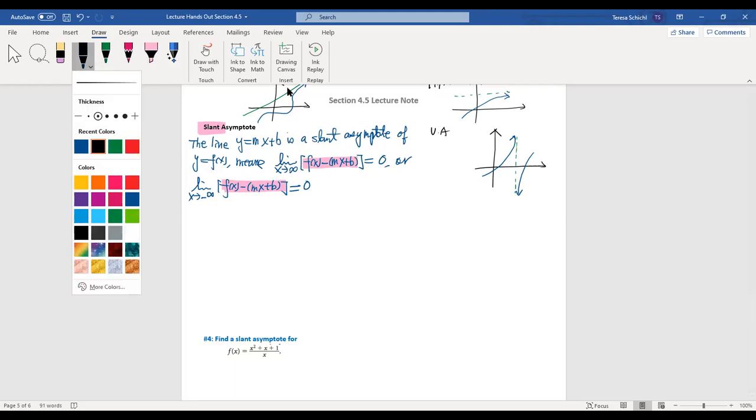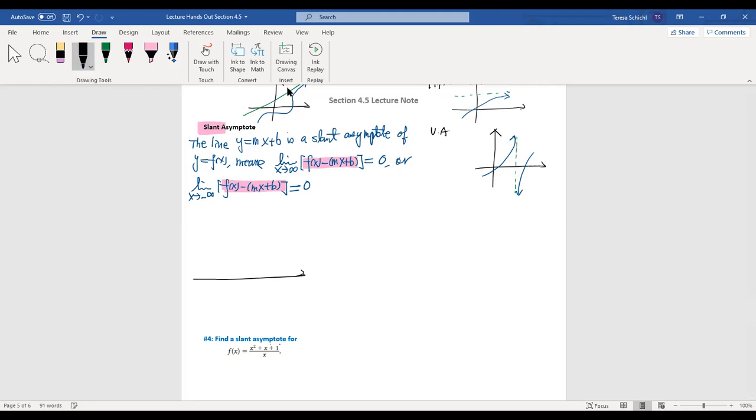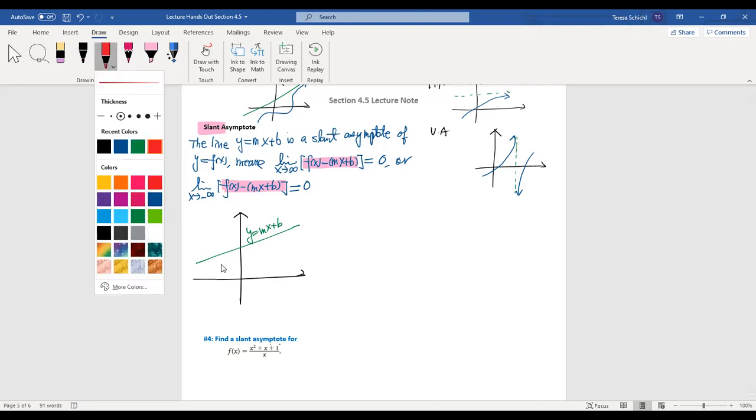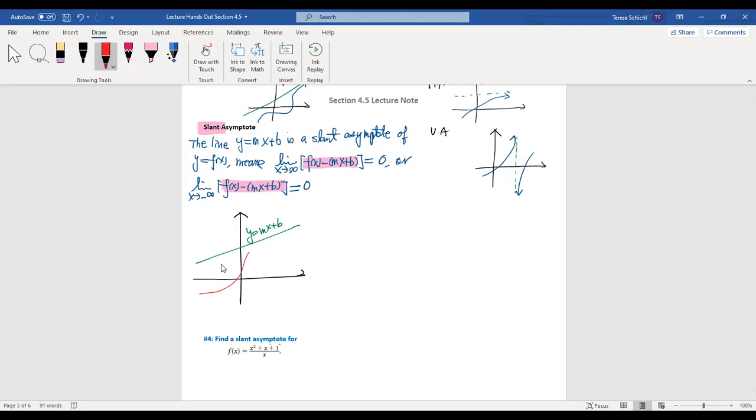Let's take a look at some examples. Suppose the slant asymptote is y equals mx plus b, and my function, y equals f of x, goes like this.